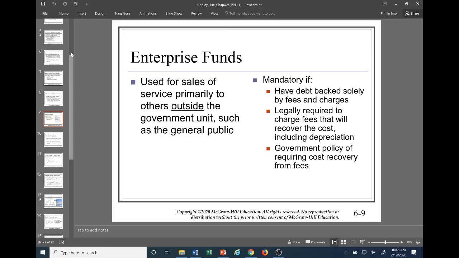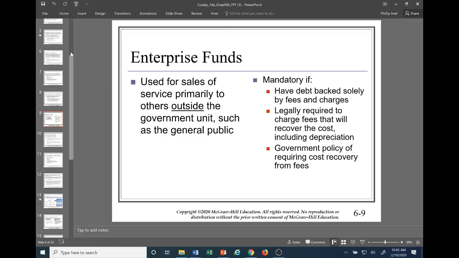It's going to be mandatory that the government use an enterprise fund if any of these three scenarios apply. It's going to be mandatory if we have debt backed solely by fees and charges, meaning we're going to pay that debt back by charging fees for services, right?